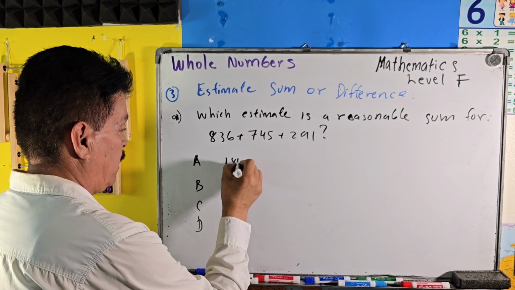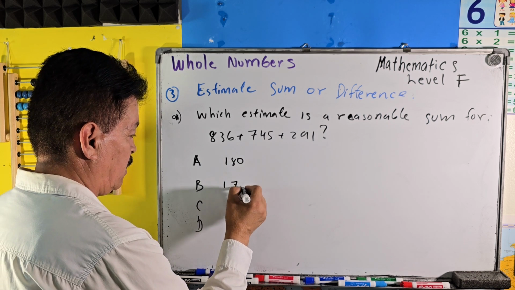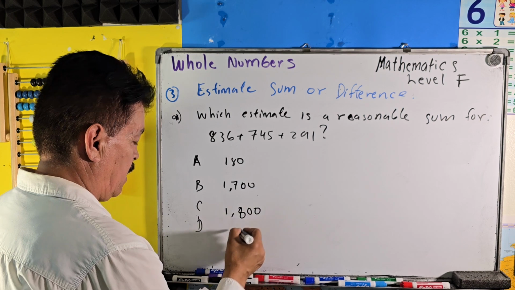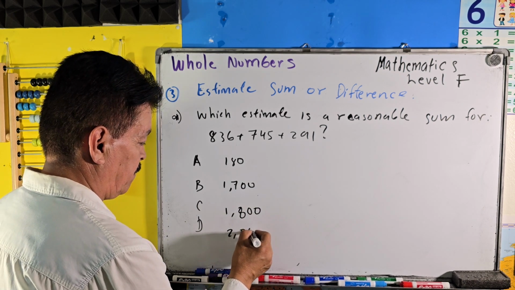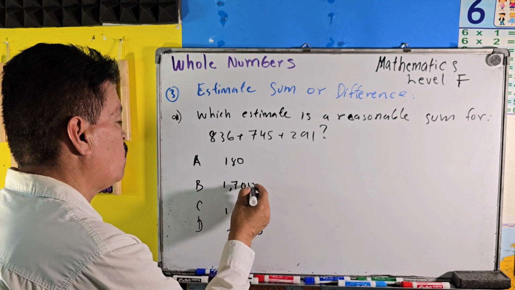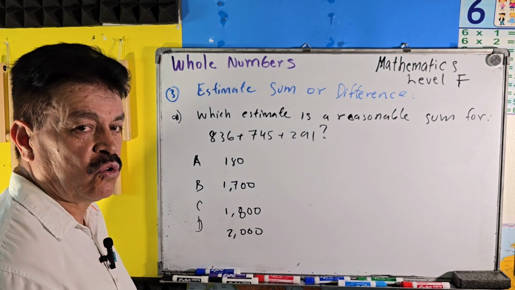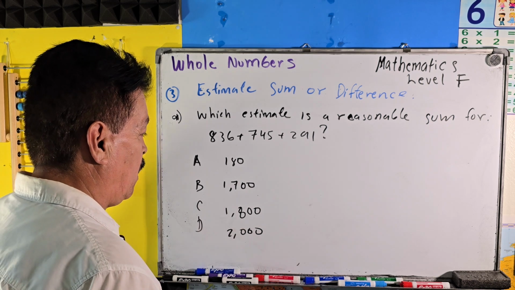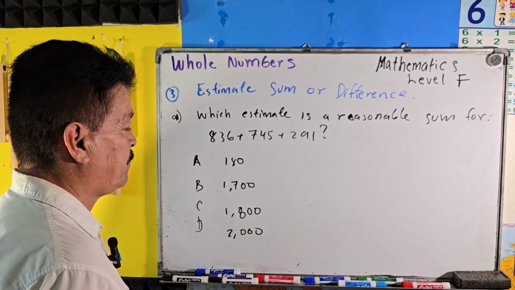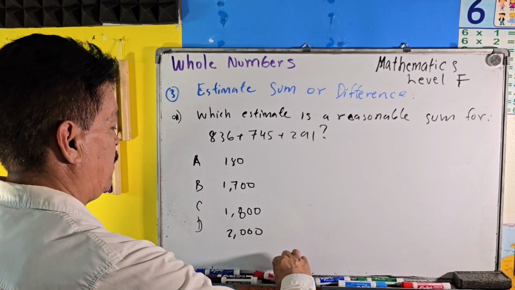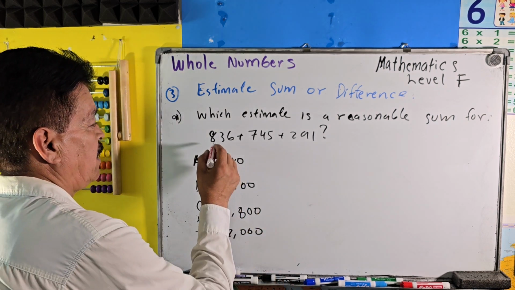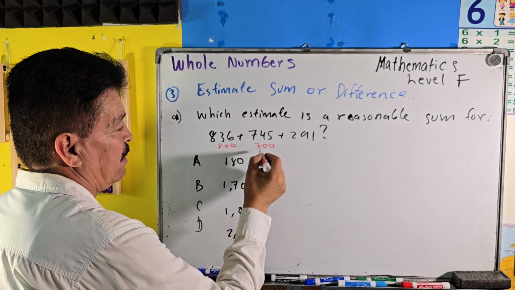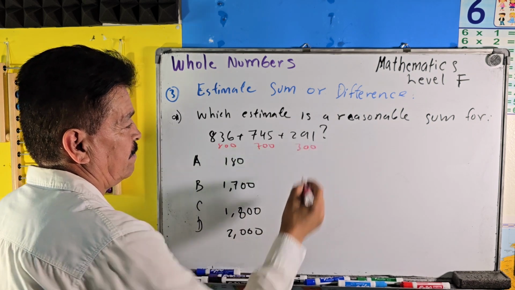First one, 1,800, 1,700, 1,800, and then 2,000. Of course, we have 2 close answers and 2 far away answers. So this is a sum. So which one is the estimate? Let me write the numbers here. For instance, it's 800 here, and then here we have 700, and then 300, right?